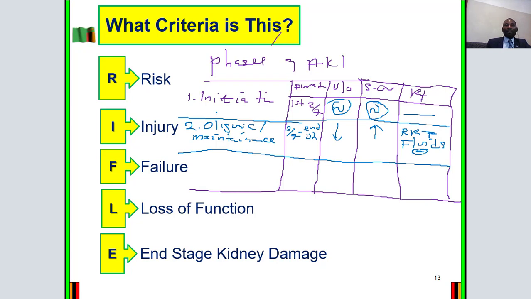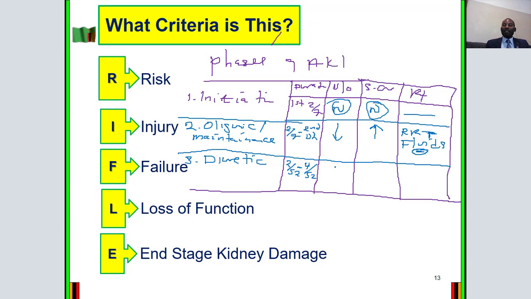Okay, let's talk about phase 3. In phase 3, the patient has reached what we call the diuretic phase. It lasts 2 weeks to 4 weeks.